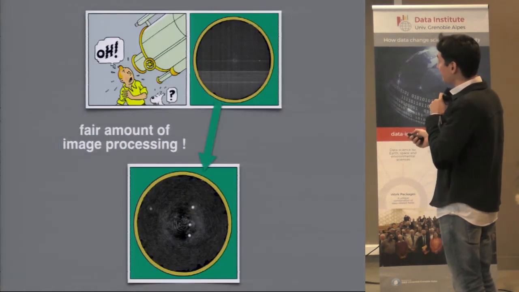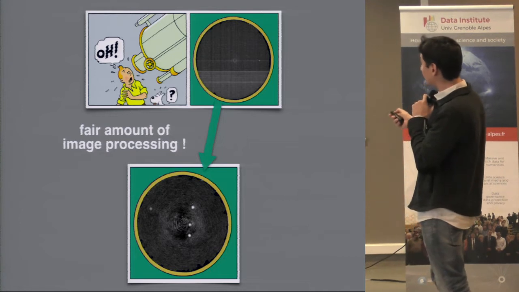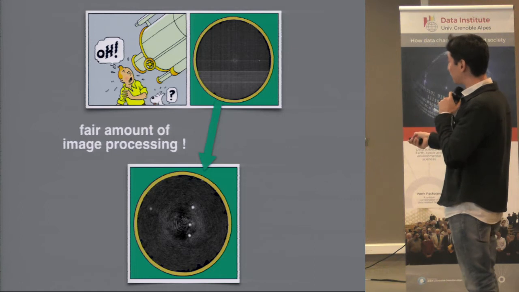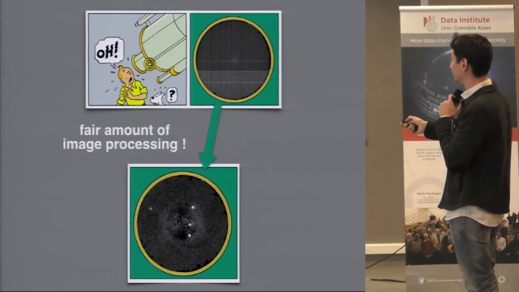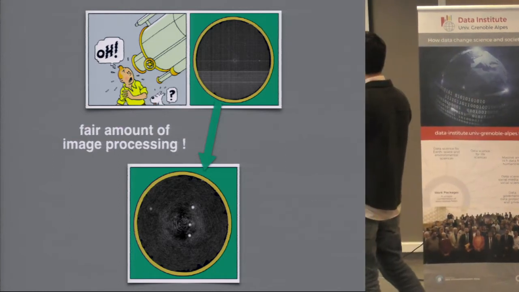So from the observations of raw images coming from the telescope to final images where we can actually see planets, there is a fair amount of image processing.